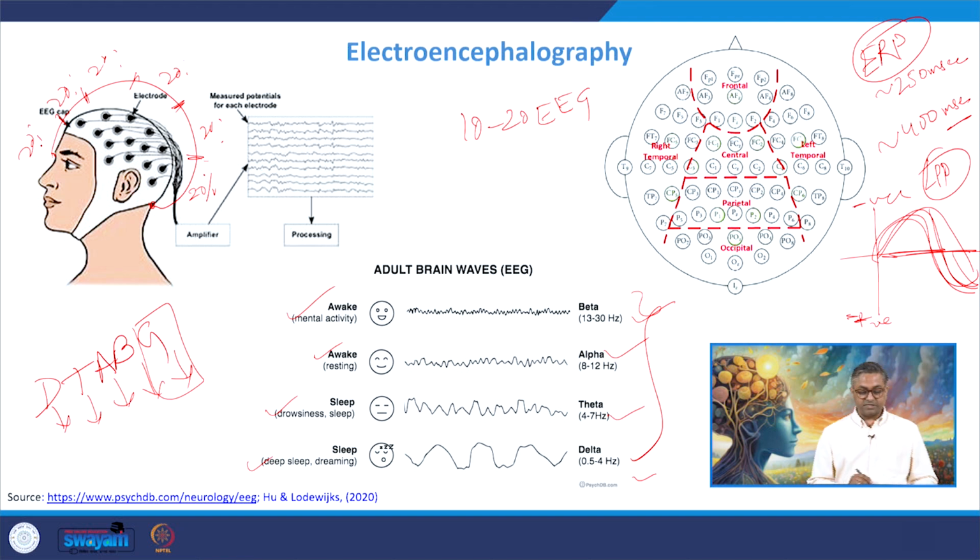Then from the auricular point to the auricular point on the other side of the ear, we also do a similar distribution around the circumference of the brain. So in this way, the 10-20 EEG system distributes the entire brain, and this distribution is important for the localization of the different parts of the brain, as you see on your screen.